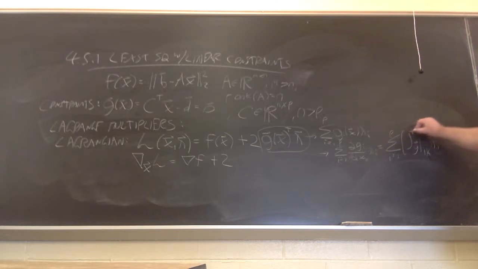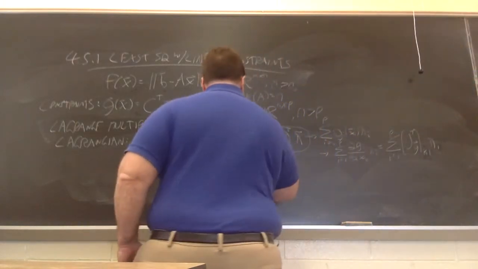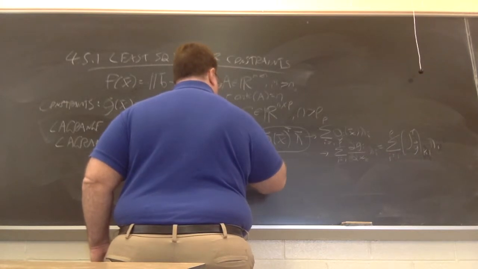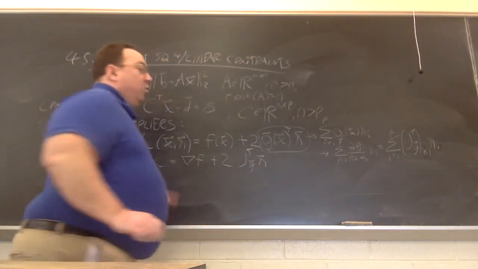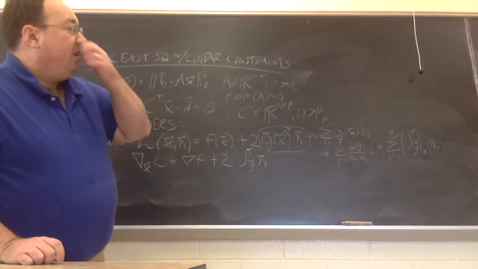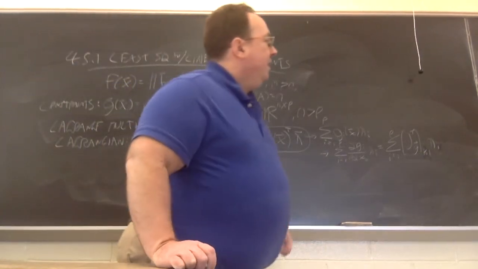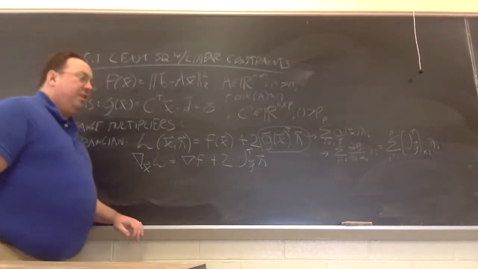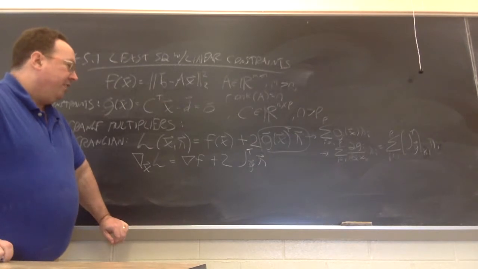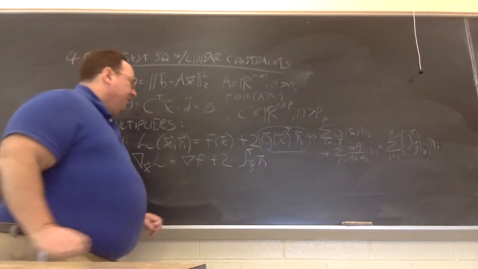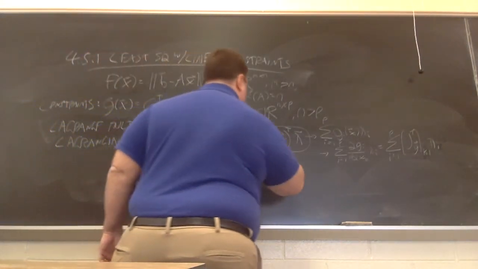So I'm going to transpose this and get ki. So it is the Jacobian matrix transpose times lambda, which agrees with what I had on the other board, which I've since erased, but you have it in your notes. So this must be equal to 0.